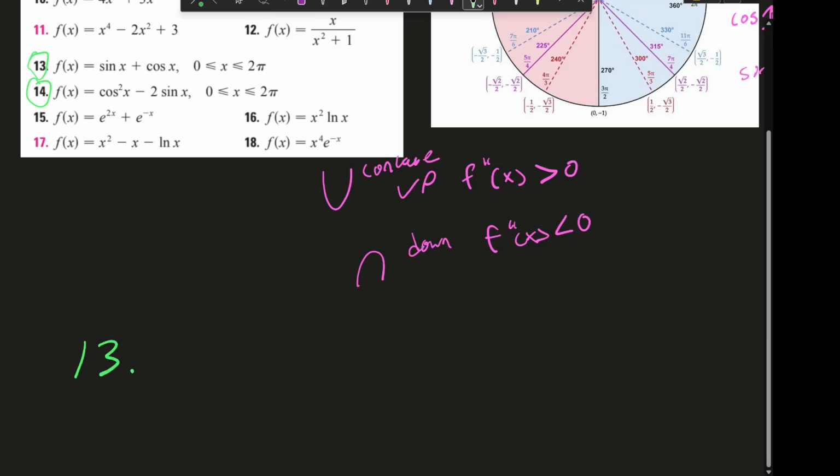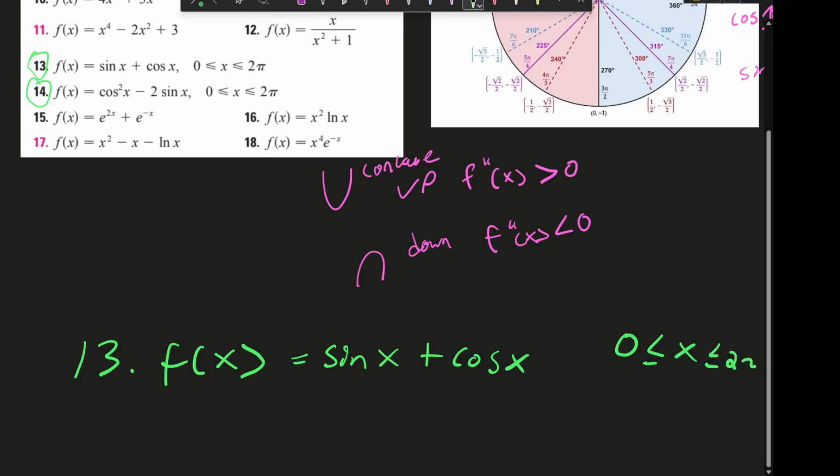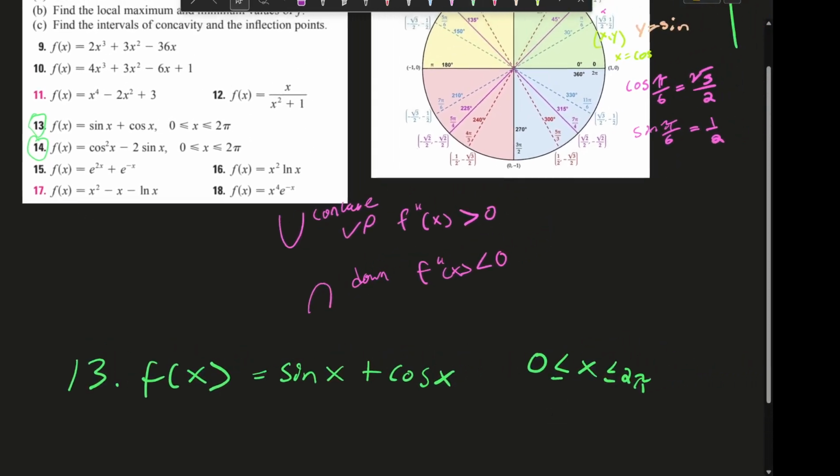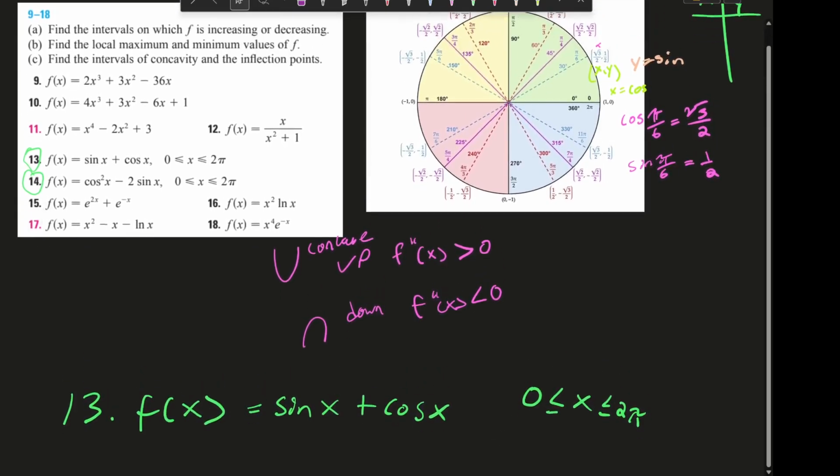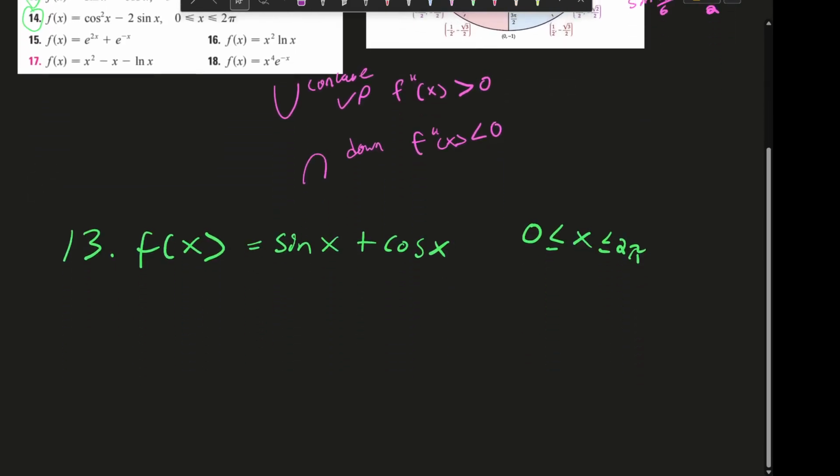13 says you're given the function sine x plus cosine x with an interval of 0 to 2 pi. And part A is asking you to find the intervals on which f is increasing or decreasing.